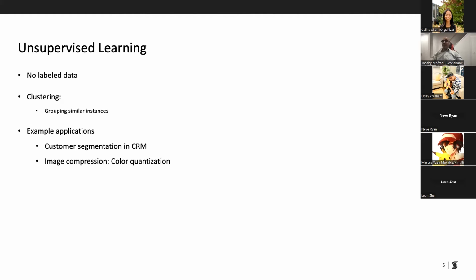Deep learning has nothing to do with supervised and unsupervised learning. Deep learning is a part of neural network learning, which can be both supervised or unsupervised.